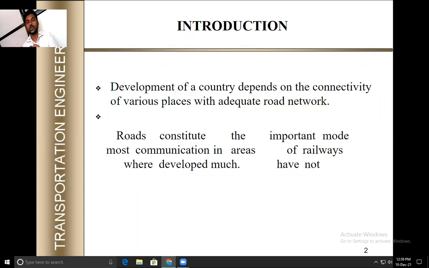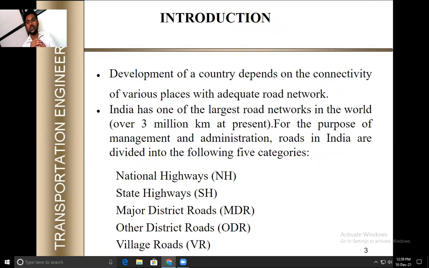So to connect all these industrial areas for the development of the country, we need to build highways.